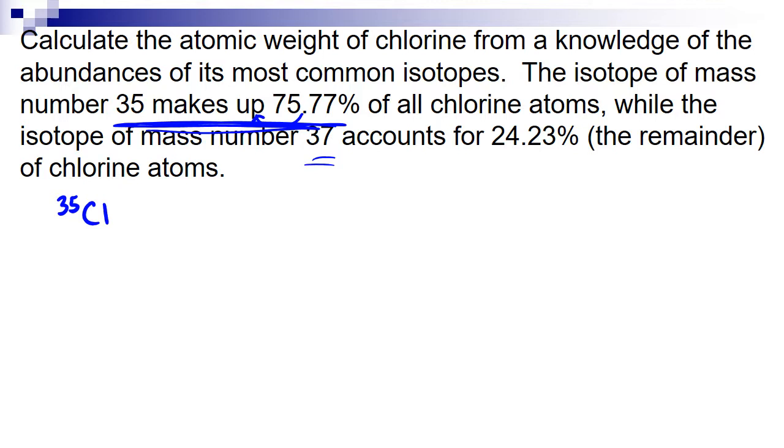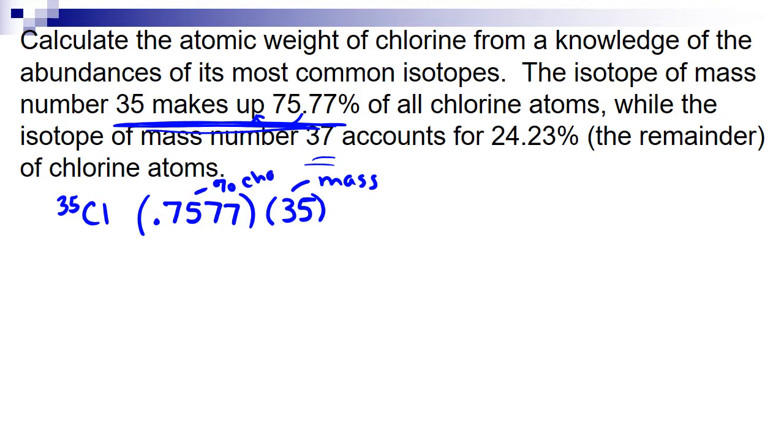Make sure to always move it 2 decimals, 0.7577. And we're going to multiply that by the mass. So here's the mass, here's the percent. Change to decimal. And then we're going to multiply that together.